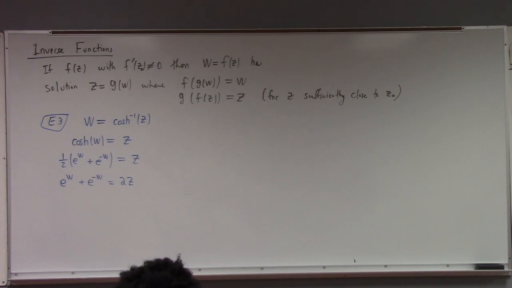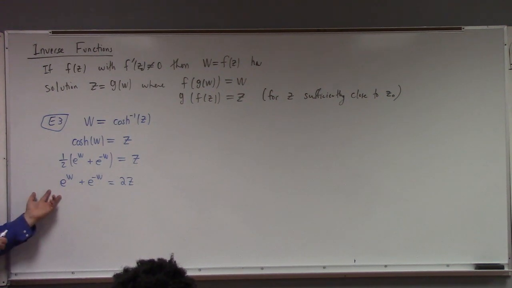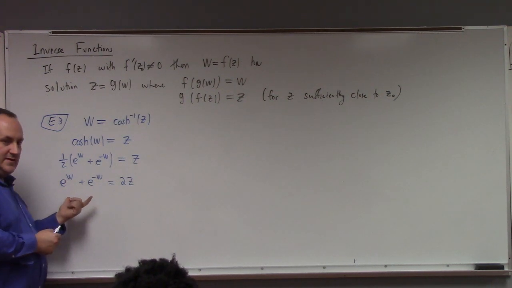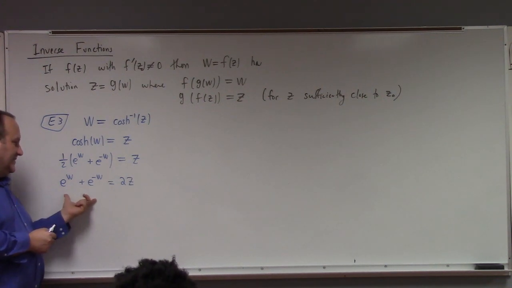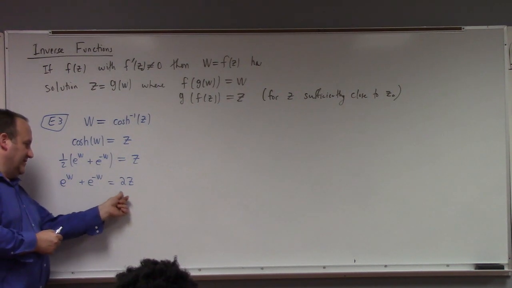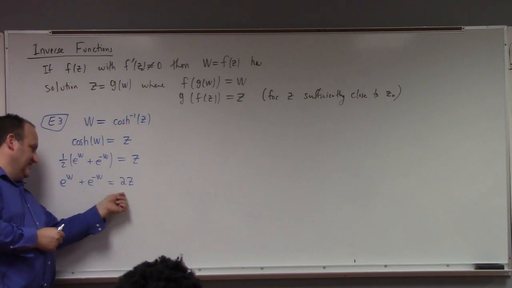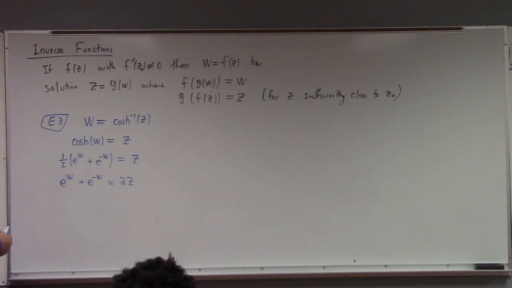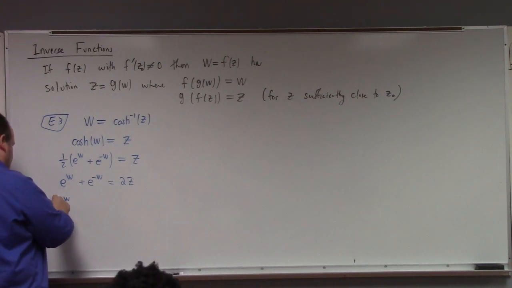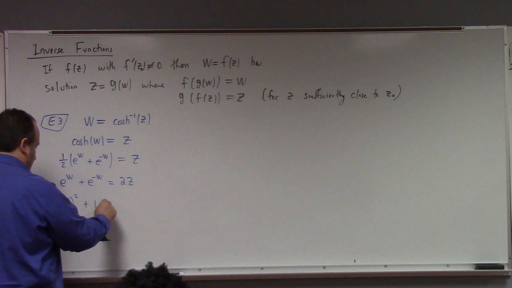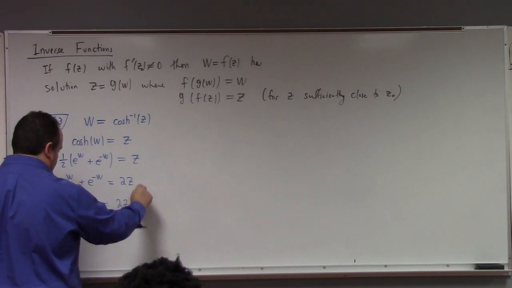Okay, so how do you solve this for w? We should just take a logarithm, right? But that's troublesome because you don't have one exponential, you've got two, and log of a sum is nothing nice. If you think log of a sum is something, then you're probably a freshman and need to be corrected. How about this? Multiply by e to the w. What happens? We get e to the w squared plus 1 equals 2z e to the w.